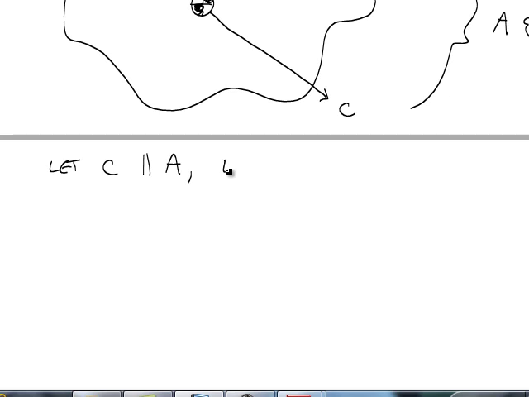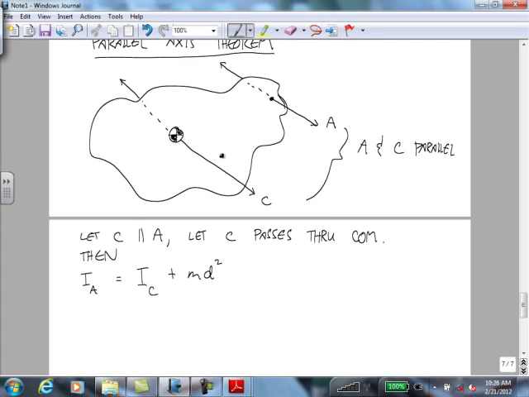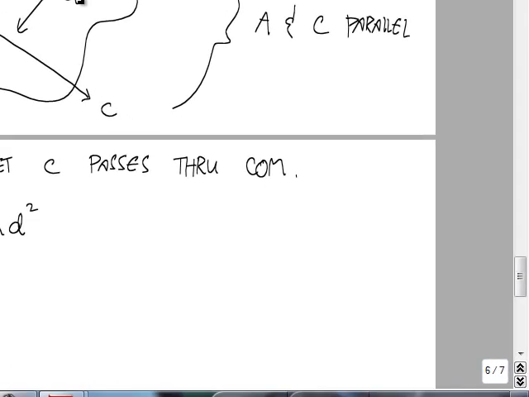Then the moment of inertia about A is equal to the moment of inertia about C plus the mass of the object times the distance squared, where this is the distance. Okay, so this is the parallel axis theorem.